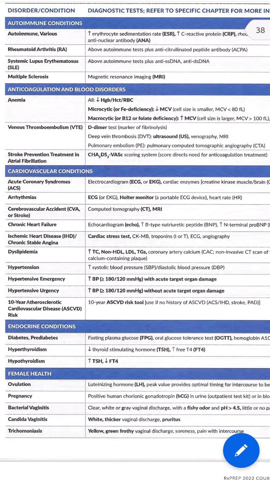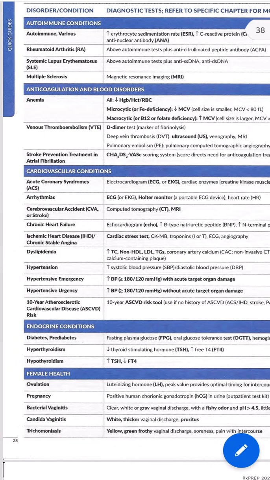For rheumatoid arthritis, RA, you also look at the above autoimmune tests plus anti-citrullinated peptide antibody.